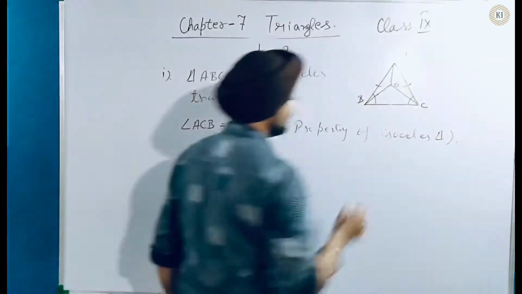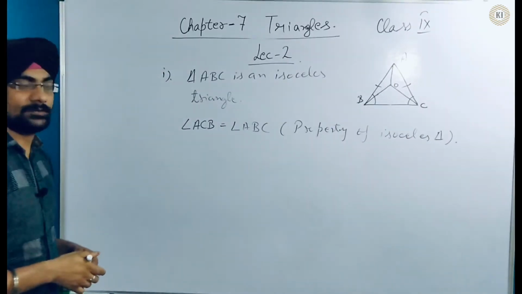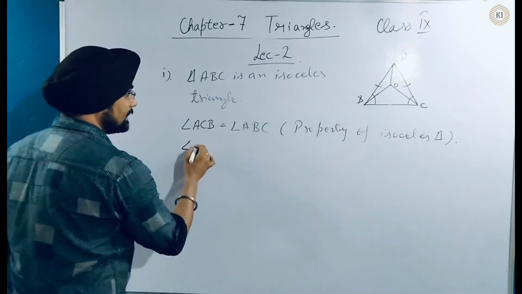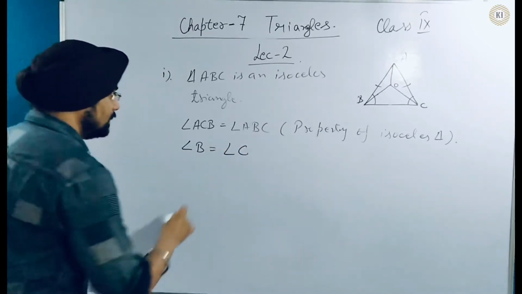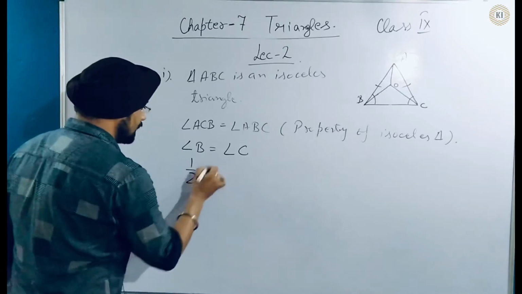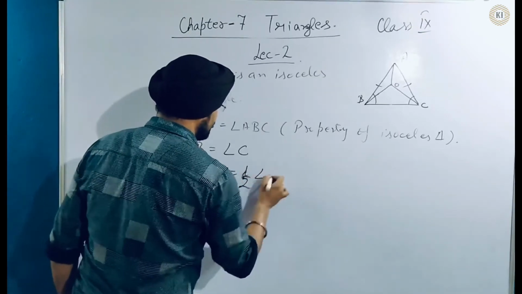By the property of isosceles triangle, both the angles are equal. It means that angle B is equal to angle C. So divide both the sides by 2. Half of angle B is equal to half of angle C.